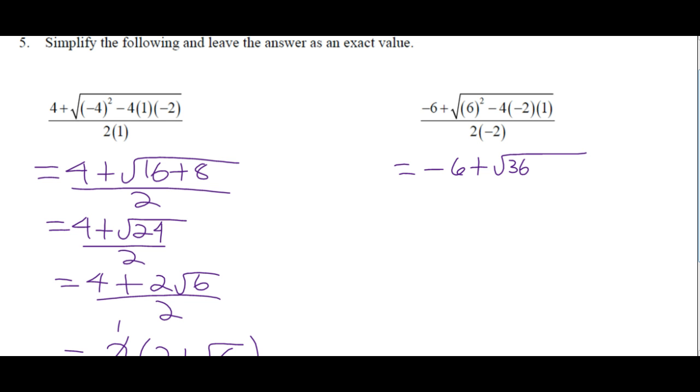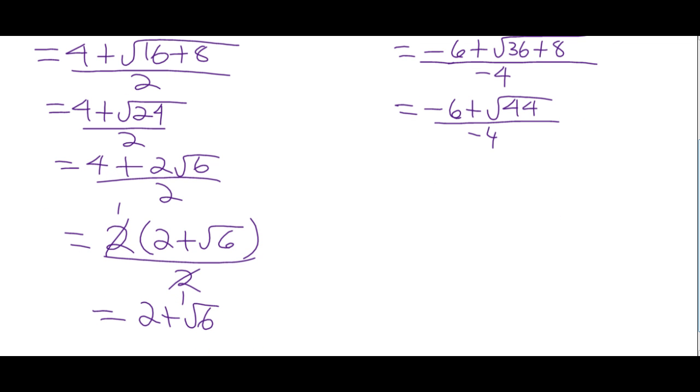What do I write? Plus 8. 2 times -2. -4. Okay. -6 plus 36 plus 8. 44 over -4. We need to simplify root 44. What is it?